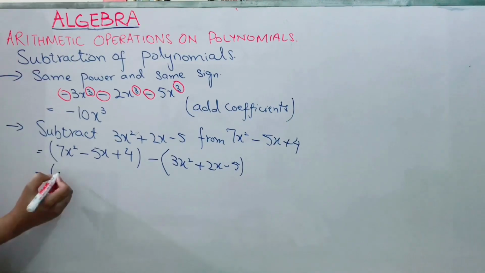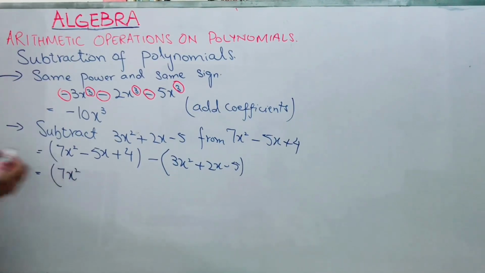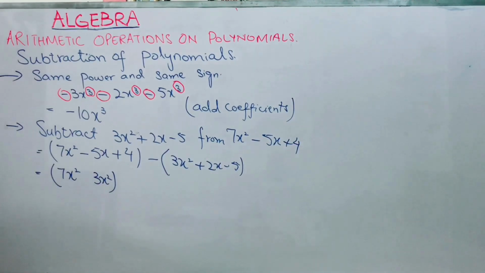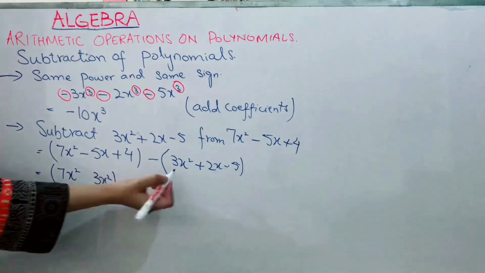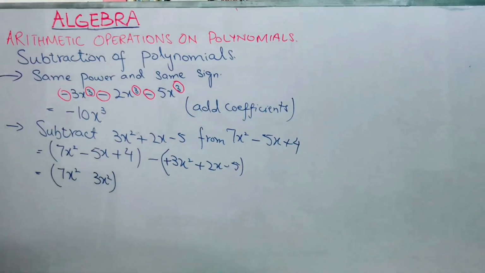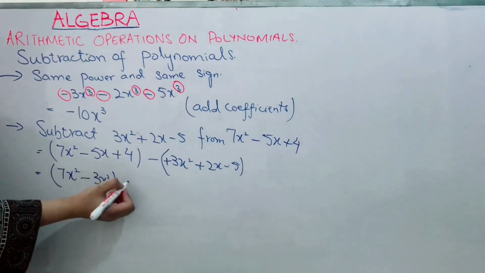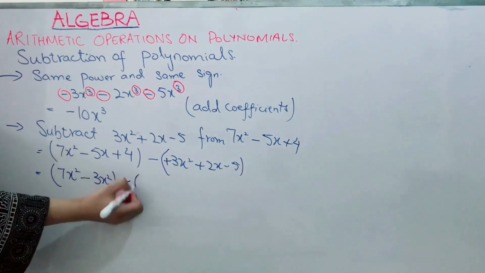So first one is 7x square and 3x square. You have to write it in one bracket, 3x square. And what about the sign? For sign you have to alter the signs. What was the sign here? It is plus. But you have to alter the sign, or you have to change the sign, so it becomes minus. In the middle you will put plus sign.